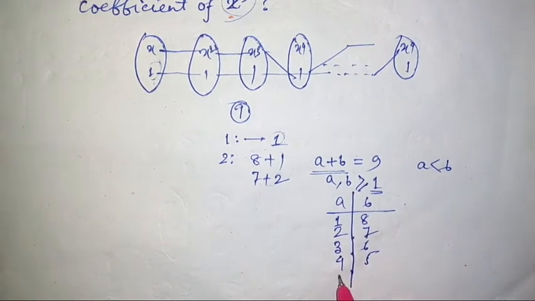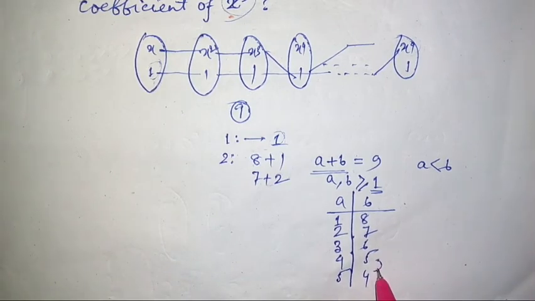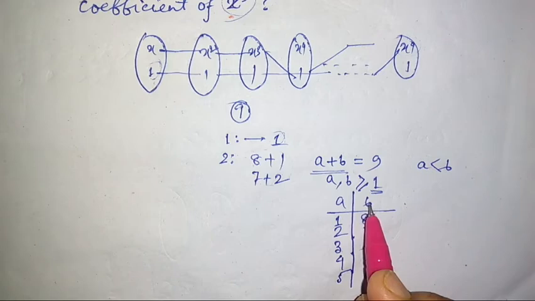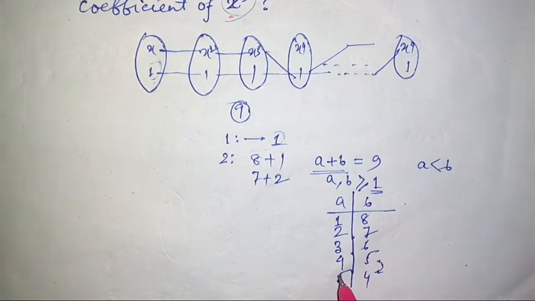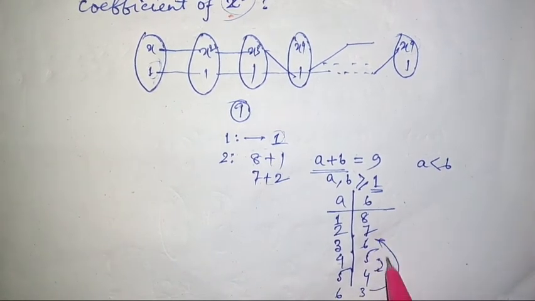Now in the second step, if I choose 5 for example, then I have to choose here 4. But see, these two terms are the same. I have just given them the names a and b, but order is immaterial in this case, so these two are the same, and if I put here 6, then this one will be 3. So these two are the same.